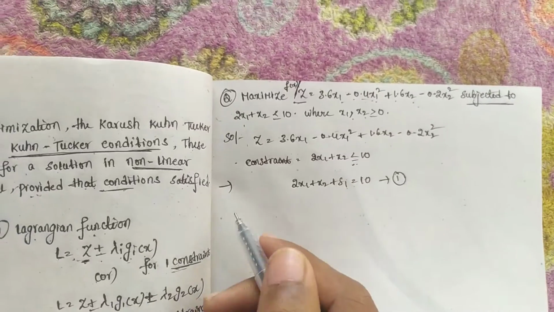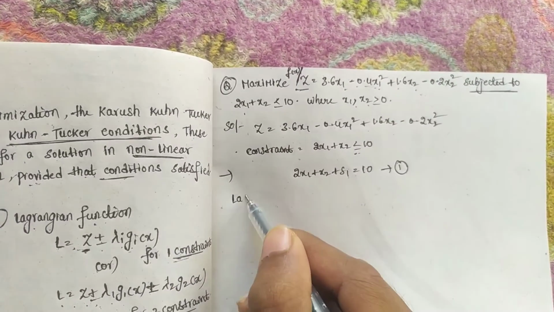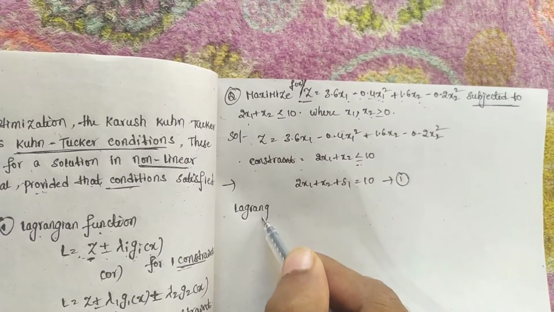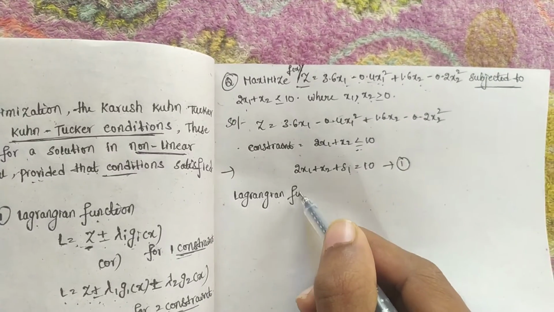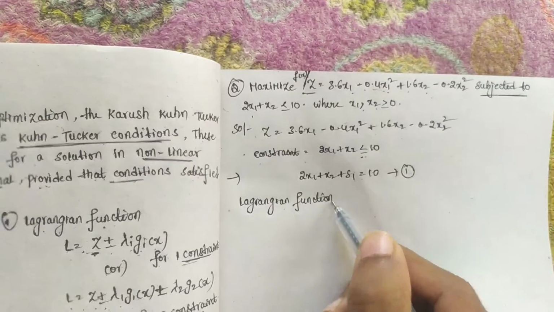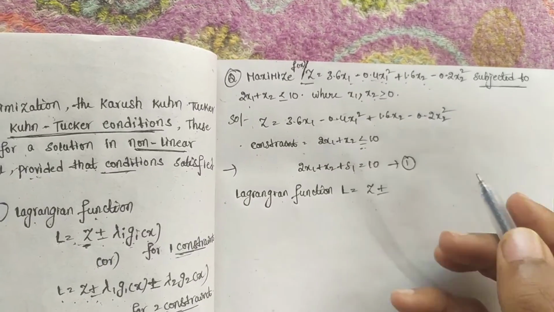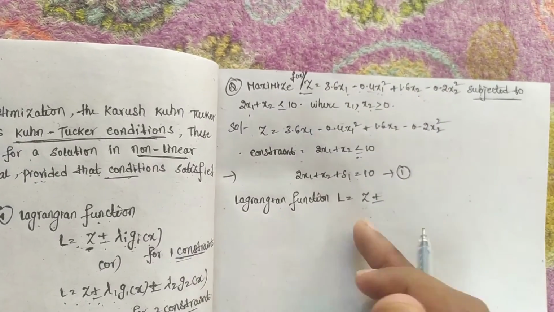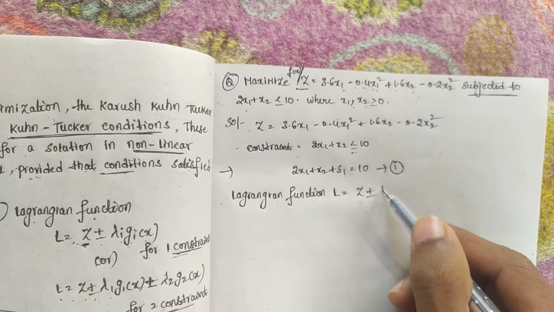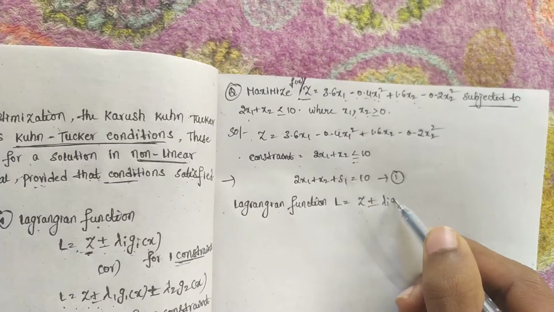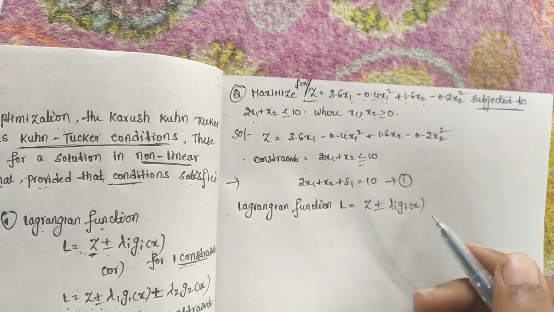Now the Lagrangian function. We have to write the Lagrangian function, capital L equals z plus or minus, we can take either plus or minus, the sum of lambda i times g i of x.